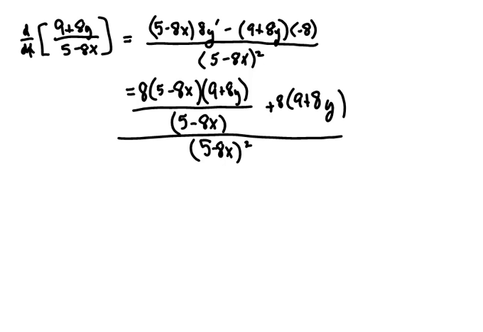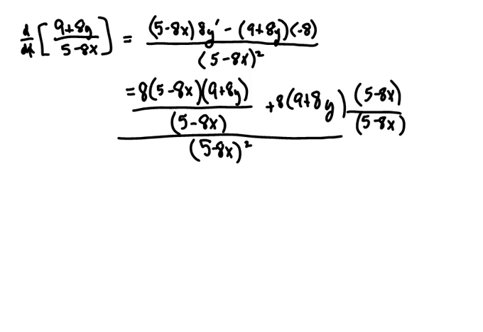And one of them, you can see, has the 5 minus 8x quantity cubed. And the way that we could get that answer is, instead of canceling the 5 minus 8x factor on the left term, to add a denominator of 5 minus 8x to the term on the right of the numerator.